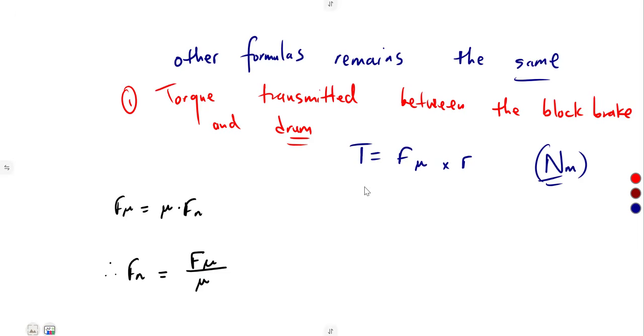From here, the torque can be written as the frictional force, which is the coefficient of friction times what? Times the normal force, times the radius. So this is another formula again.